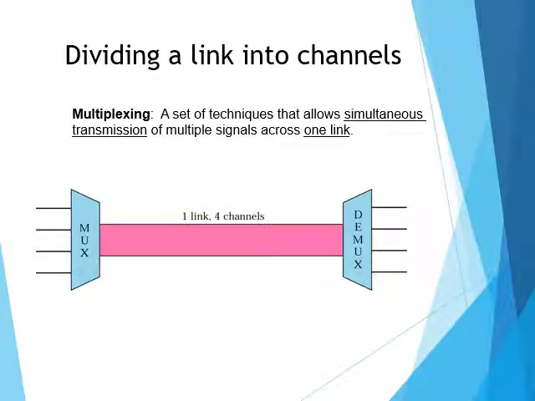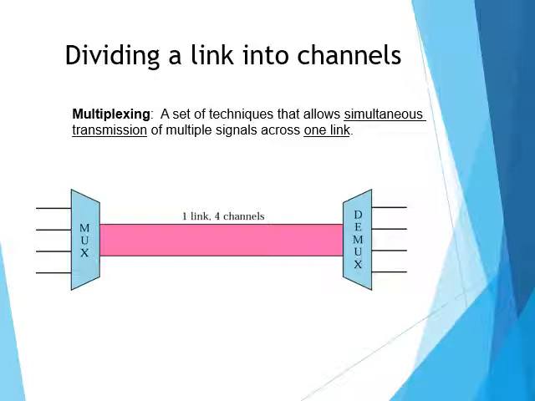Multiplexing techniques need to be implemented. The signal from a single source needs to be combined with other signals before it can be transmitted. So what is the technique used to combine those signals? We use the technique of multiplexing.